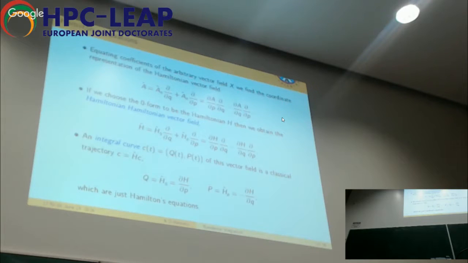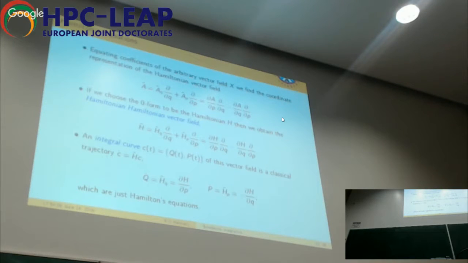Then we claim that the classical trajectory of the system satisfies the equation that the time derivative along the curve c, d by dt, is always tangential to the Hamiltonian vector field.